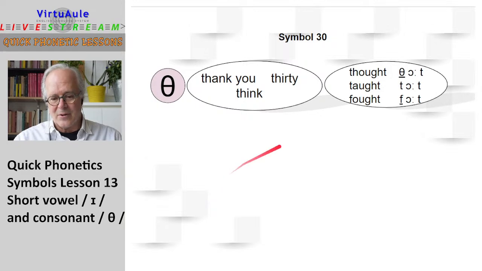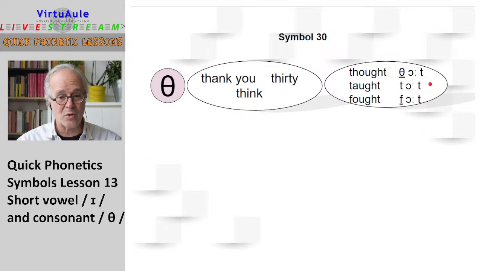Let's look at the difference. Okay, we have thought, which has the sound of this th. And many people, non-native speakers, adopt one of these two methods of substitution. Thought is one word. Taught is another word.